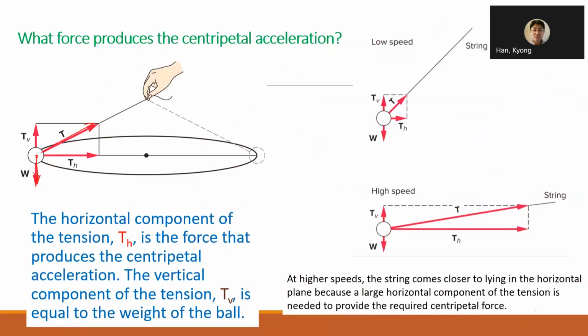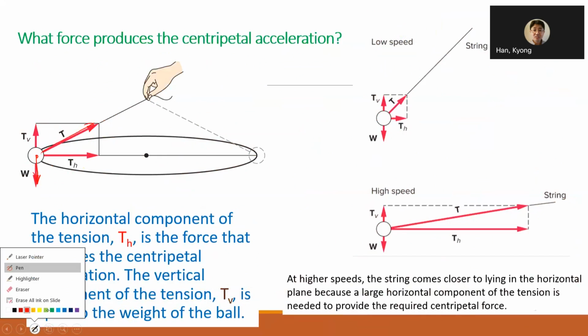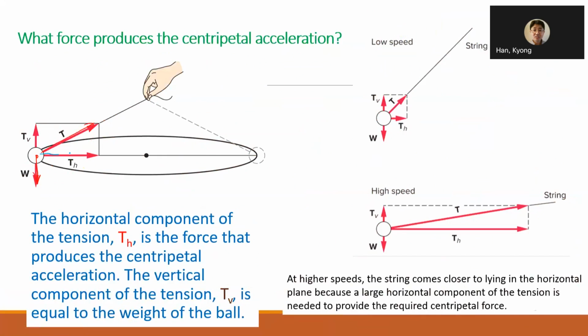If you decompose the tension force into a horizontal component and a vertical component, that makes a right triangle. Vertically there is no motion, the vertical height doesn't change at all.